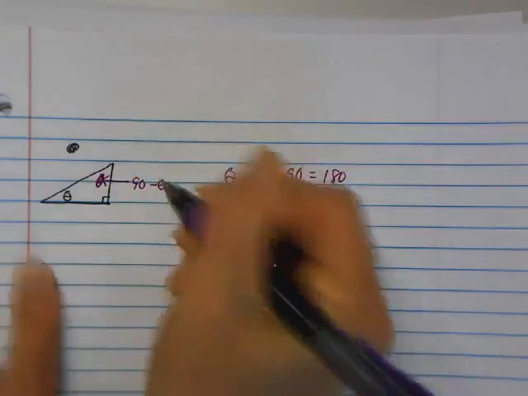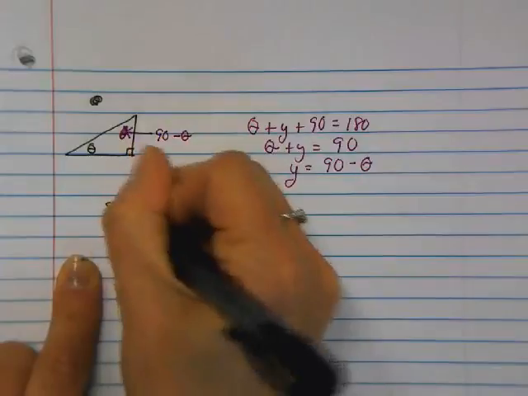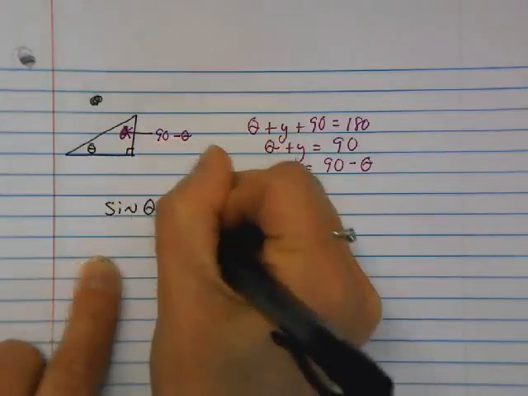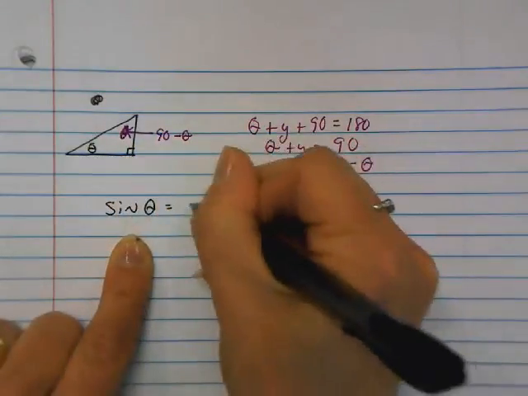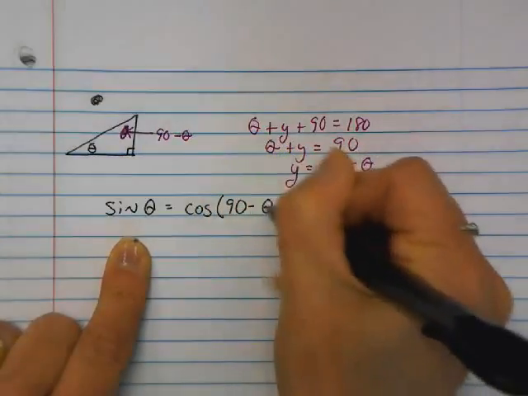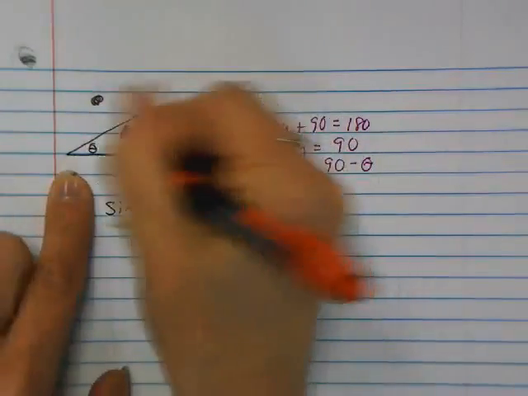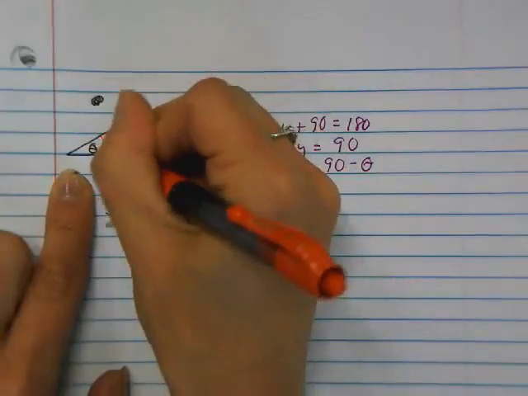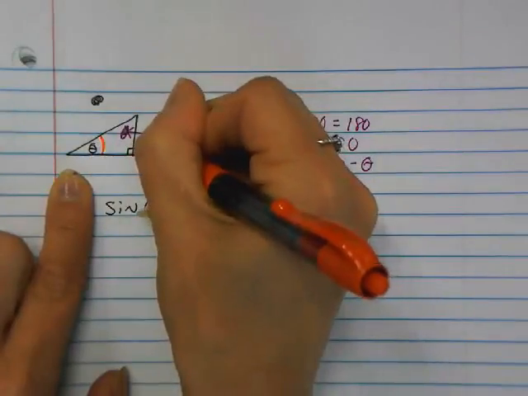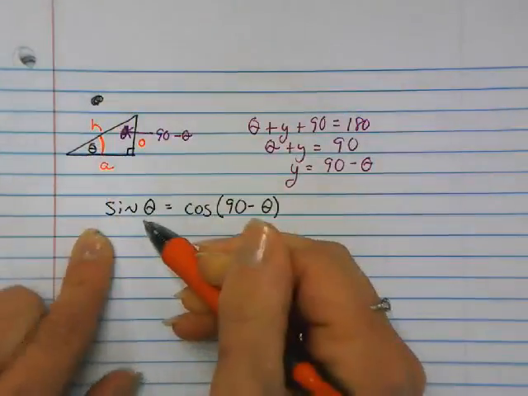So I can say the sine of an angle, theta, is the same as the cosine of 90 minus theta. Now, I want to show you why that works. Let's look at theta for a minute. This is my O, my H, my A. So the sine of theta is O over H. What's the cosine?